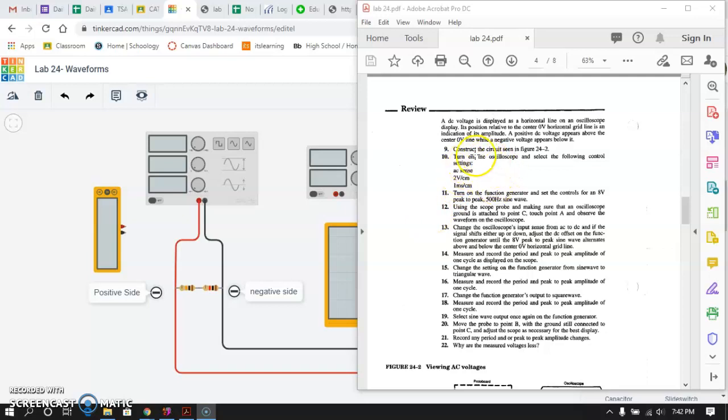Now as we move forward, we're looking at an AC signal. Our settings for our oscilloscope are going to be exactly the same. We're going to look at a 1 millisecond per centimeter time setting. Remember, our voltage is in an auto sense on these oscilloscopes. And our frequency from our function generator is going to be set at 500 hertz and 8 volts. So let's take a look at that, and we'll get started here.